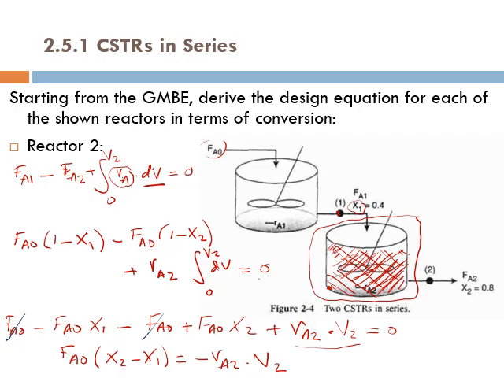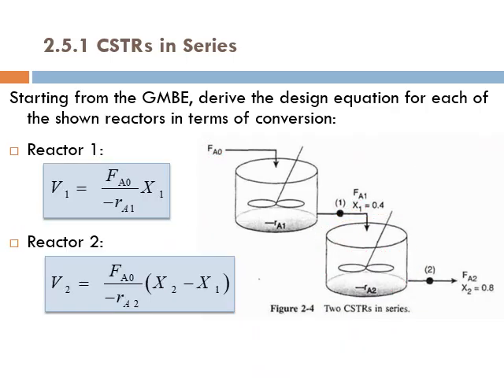Okay, so let's rearrange it, so we keep V2 on one side. V2 equals, now we have FA0 divided by minus RA2 times x2 minus x1. So now this is our design equation for the second CSTR in series.